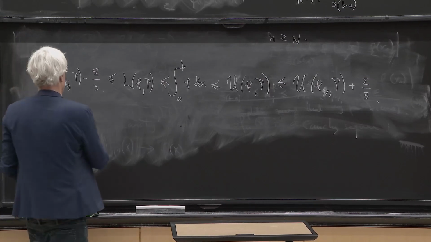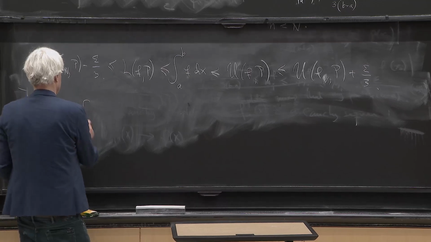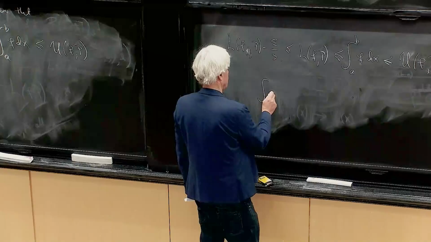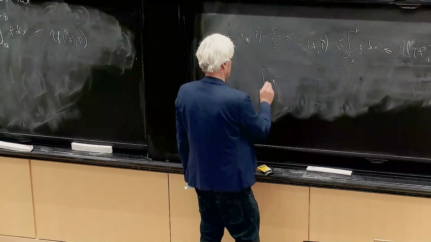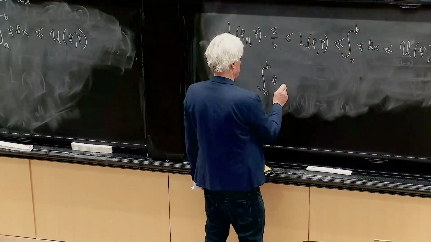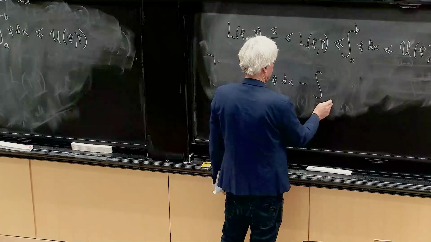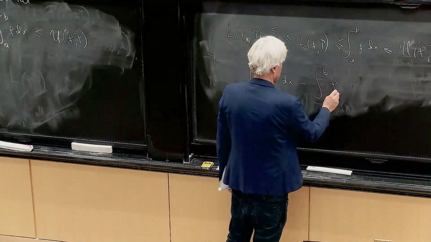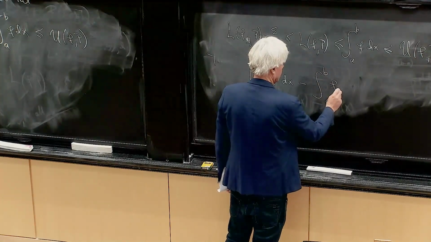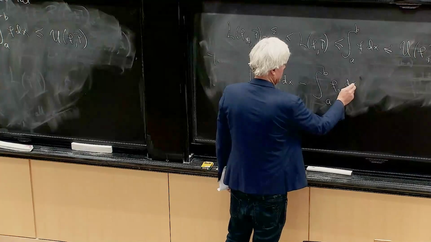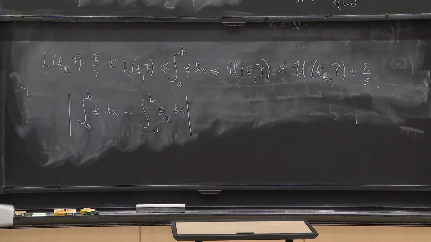And now all I want to do is estimate the difference between this integral here and the integral from a to b of f capital N. And I want to prove that if I'm very far out, this is very small.